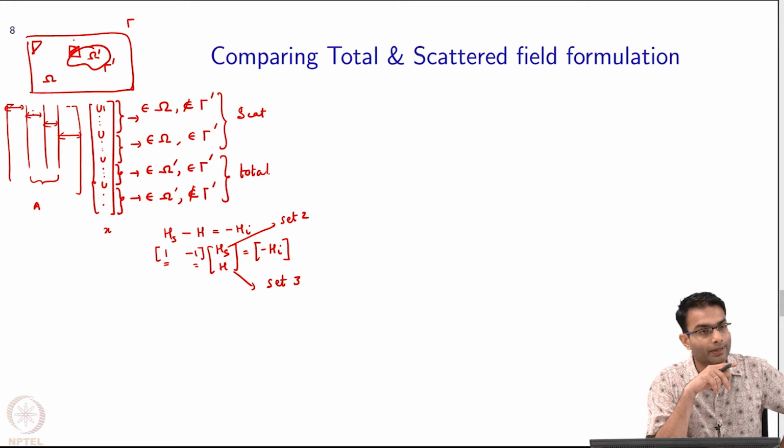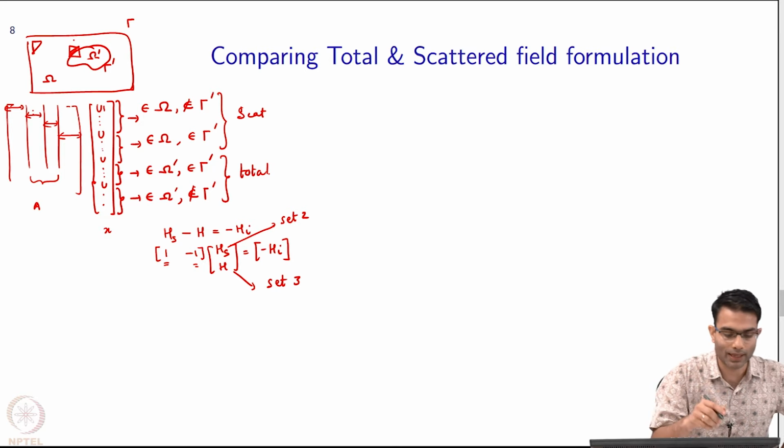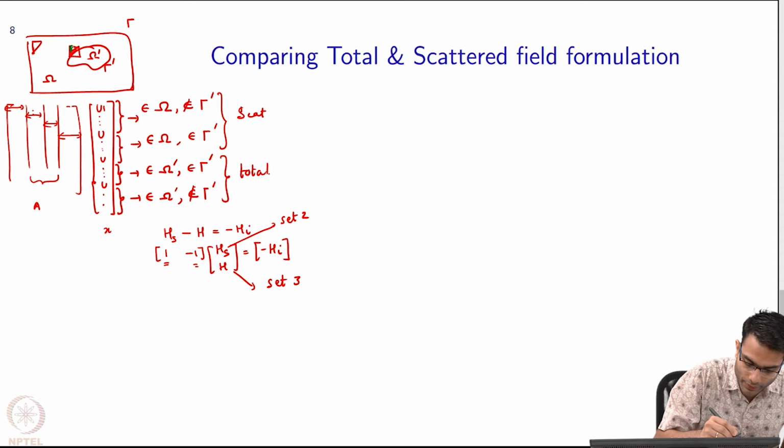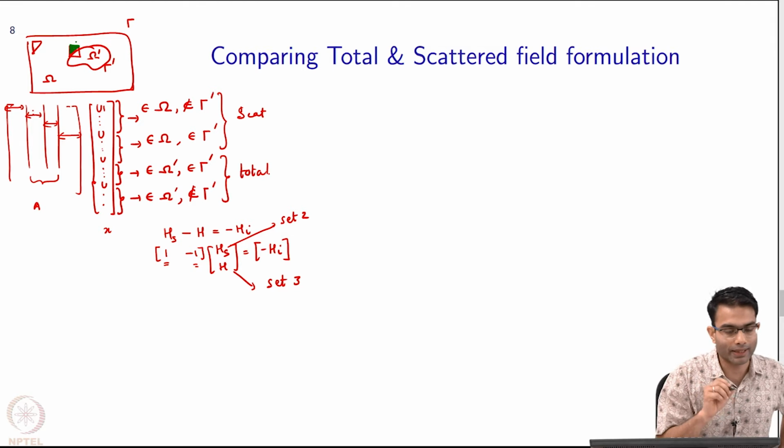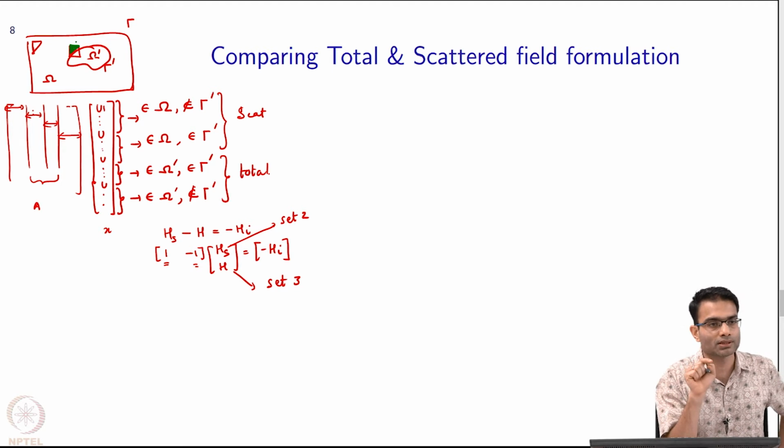Well, we can't independently solve it because those edges finally, look at this green triangle over here. The reason we can't independently solve it is this green triangle has edges belonging to set 1 and set 2. So, they are not decoupled.